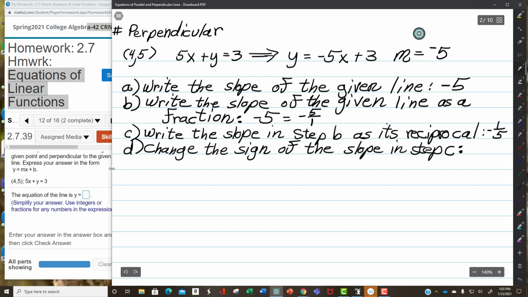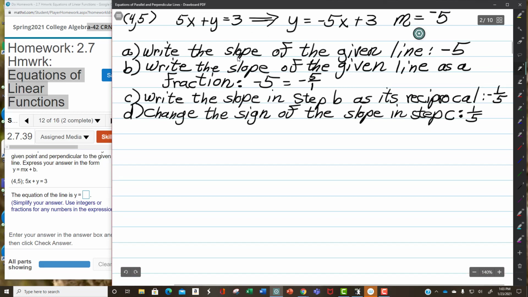So all I have to do is change the sign of that. It's negative here, so I will write it as positive here. That's how you find the slope of a perpendicular line from the slope of the given line. The slope is 1/5.